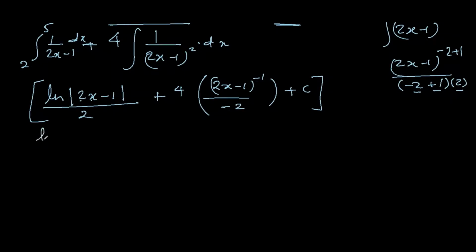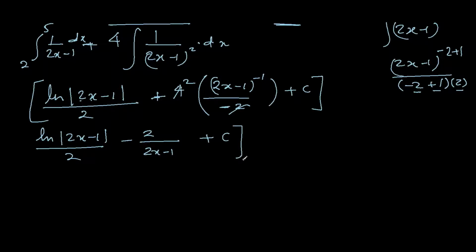So it will be ln of 2x minus 1 over 2, and minus 2 and 4 cancel. This minus will make it positive, so 2 divided by this, because it has a negative exponent I'll make it a denominator, makes it positive, plus c, from 2 to 5.